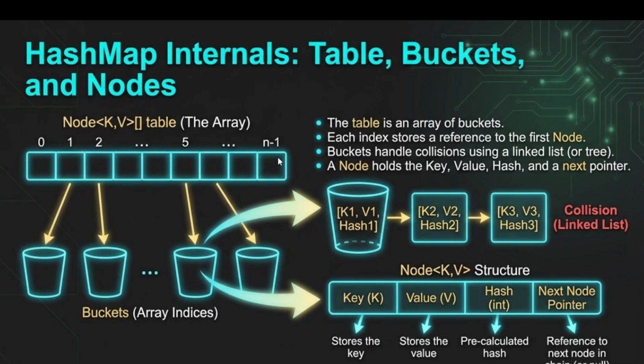This is called the table, which has 16 slots. Each index we will call a bucket. The bucket will turn into a linked list or tree if a collision happens. A node holds, as we discussed already, key, value, hash, and next pointer. These are the terminologies we should know before jumping into HashMap.